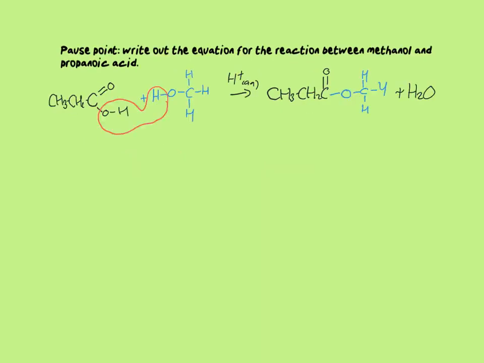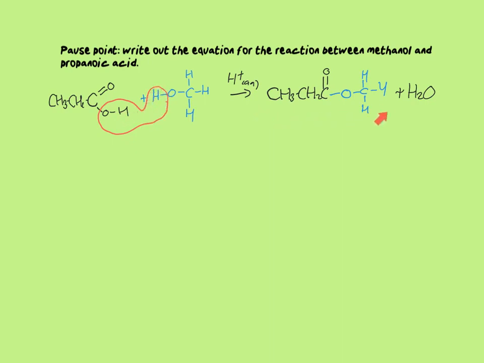To write out an equation for an esterification or condensation reaction, the mechanism shows that the bond between the carbon and the oxygen is broken. So the OH in the molecule of water that's produced comes from the carboxylic acid, and the hydrogen comes from the alcohol.